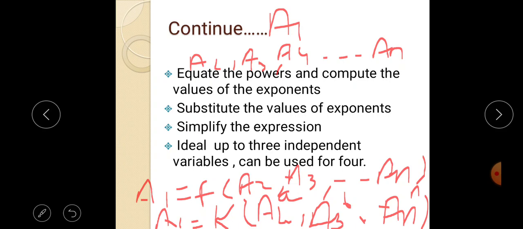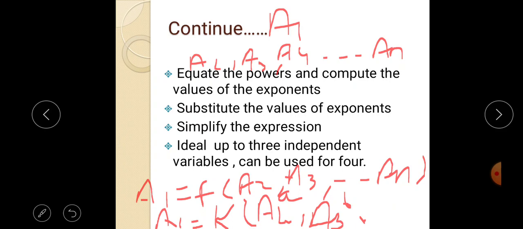After this we write the dimension of each term and the sum of the powers will be equated, and then we will get the solution, the values of a, b, c, etc. After solving the equations, the values of a, b, c and so on are found, and these values are substituted in the main equation. After simplification it yields dimensionless groups controlling the phenomenon, and after the procedure we will get the dimensionless groups.